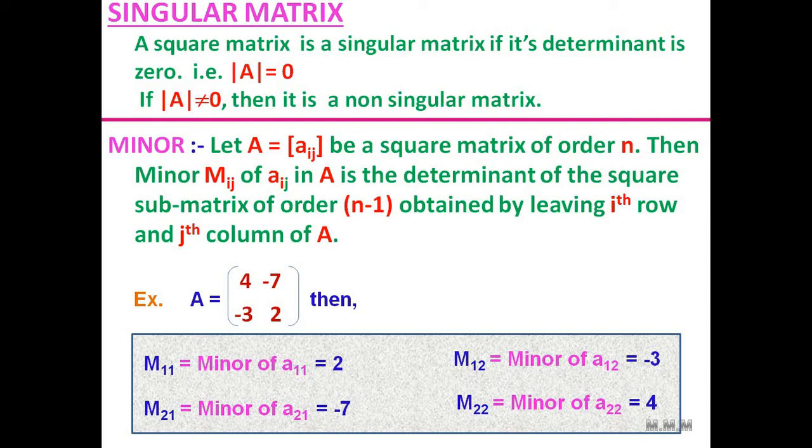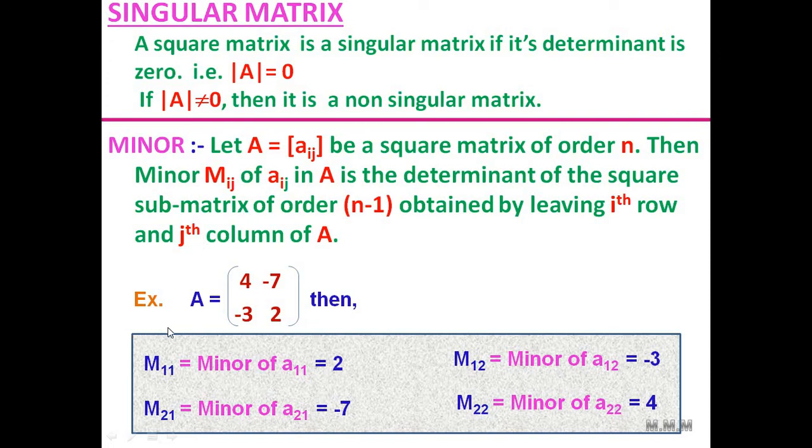The minor is defined as: let Aij be a square matrix of order n, then the minor Mij of Aij in A is the determinant of the square submatrix of order n minus 1, obtained by leaving the ith row and jth column of A. That means, let us see here, by this example we can understand or remember this definition.